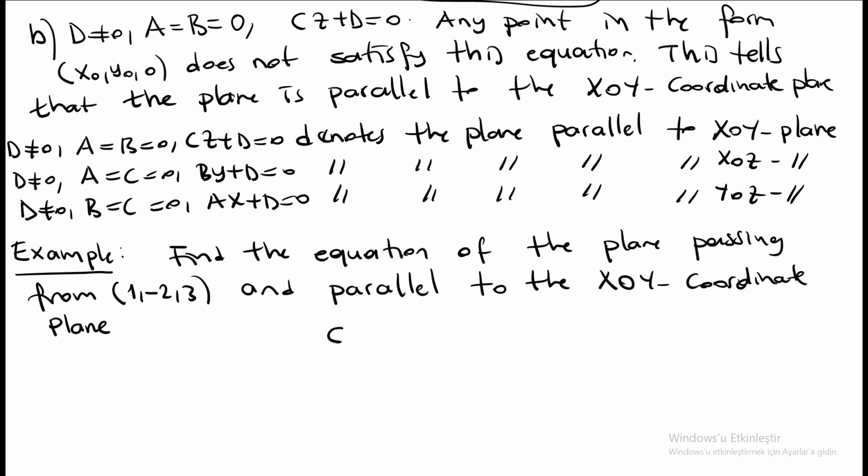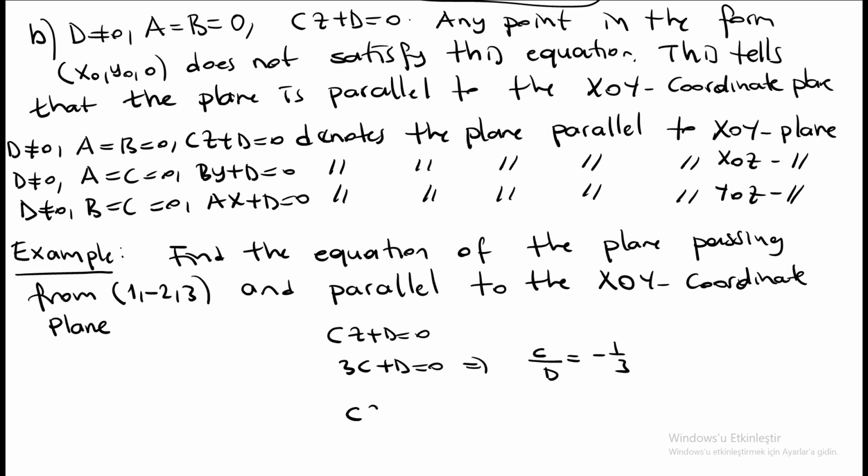Okay, we have this equation, C times Z plus D equals 0, and the point should satisfy this equation, so you put 3 times C plus D equals 0, and from here you have C over D equals -1 over 3.